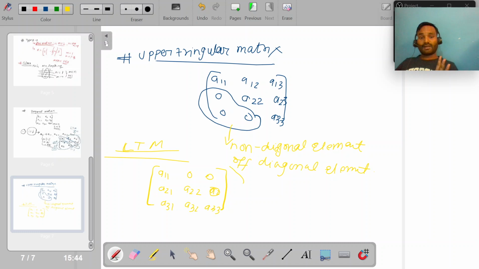So the elements above the diagonal are 0, so this is known as the lower triangular matrix.